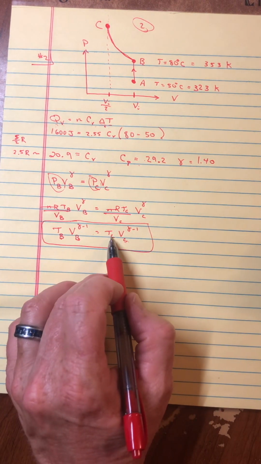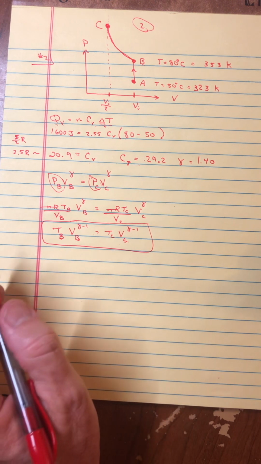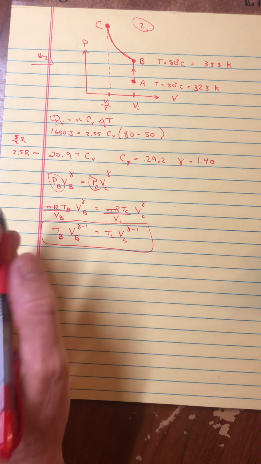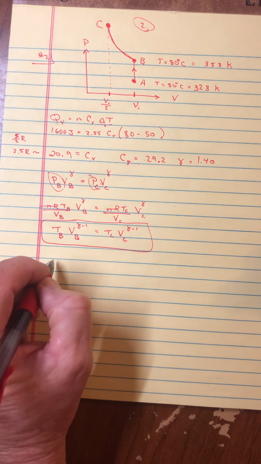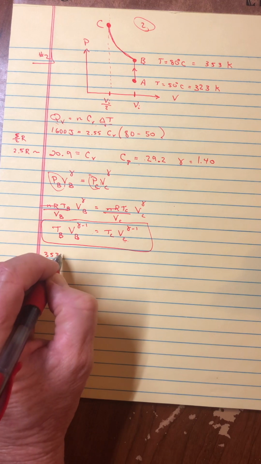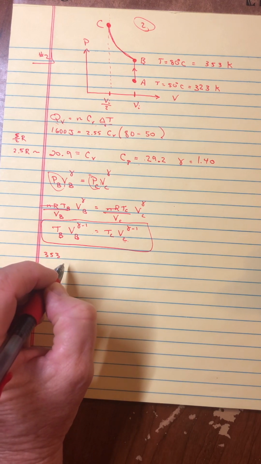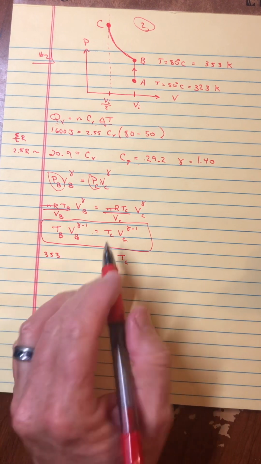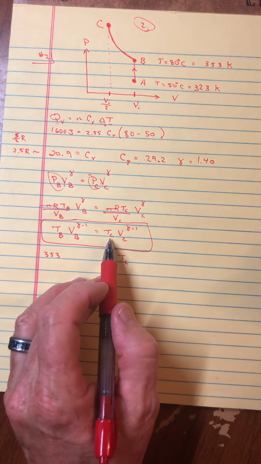And then again, notice these are temperatures. So these have got to be in Kelvin. These come from the ideal gas law. They're not delta T's. So I'm going to put in my temperature here of 353 Kelvin. And maybe I will just leave temperature at C by itself, because that's what I'd like to find.